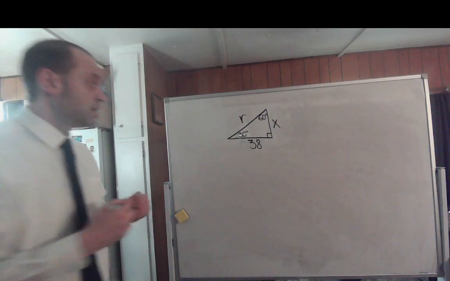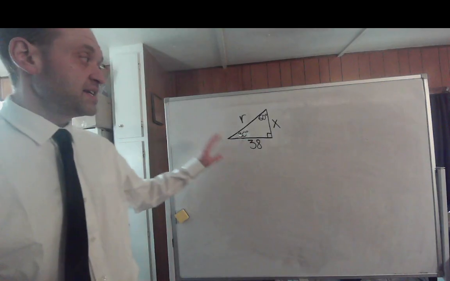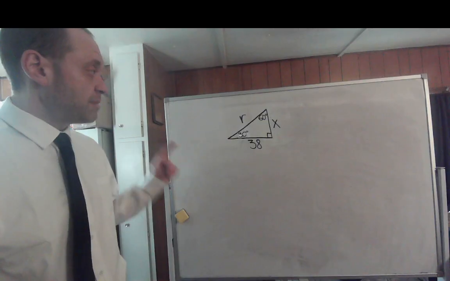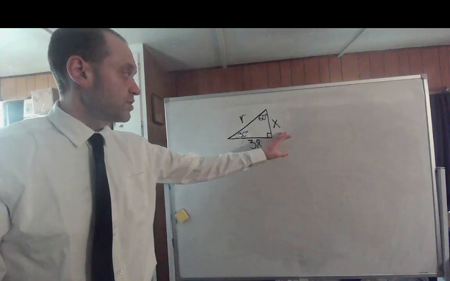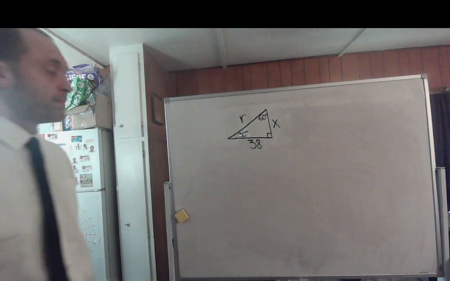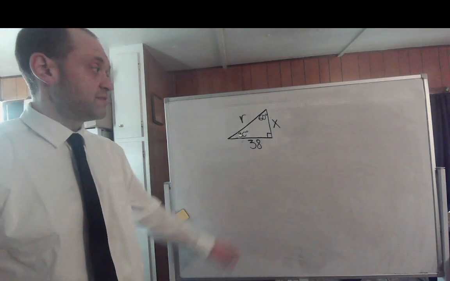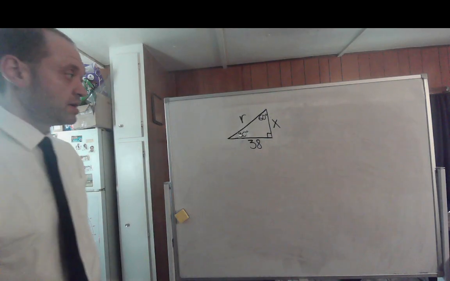Okay. So we have another 30, 60, 90 right triangle in which the side opposite the 60 is 38. We don't know the side opposite 30 or the hypotenuse.